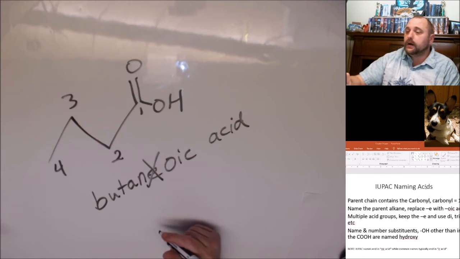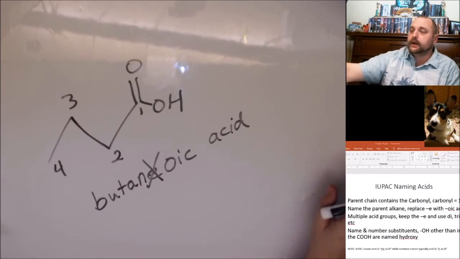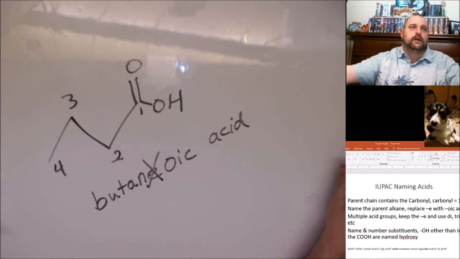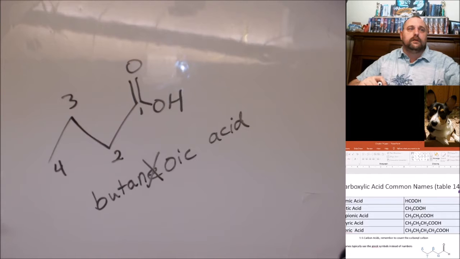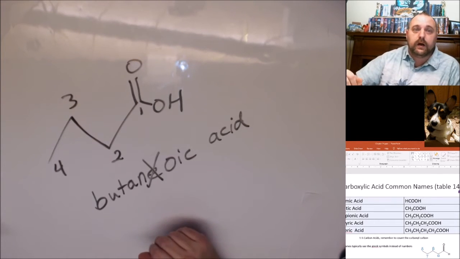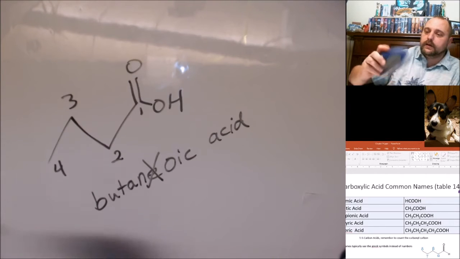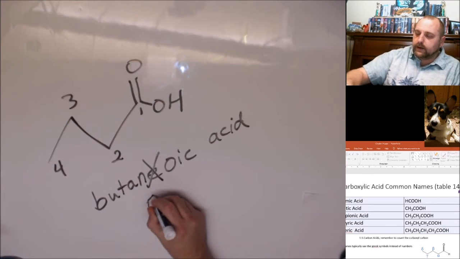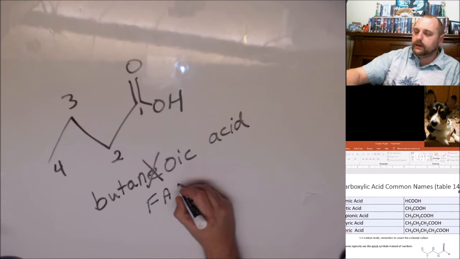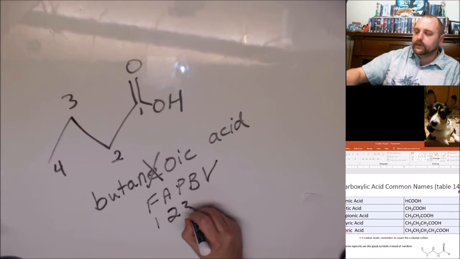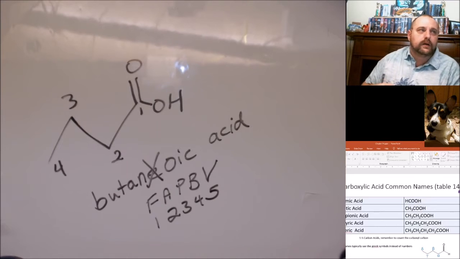Now this will have a common name as well. The common names are listed on slide 9, and they're going just like the aldehydes, where we had F, A, P, B, V for 1 carbon, 2, 3, 4, and 5 carbons.